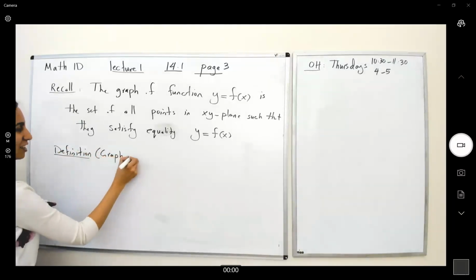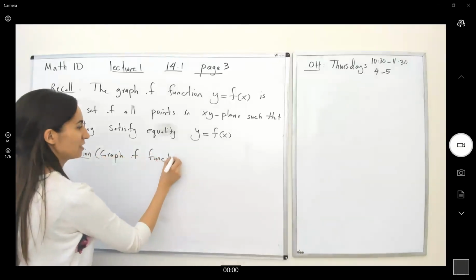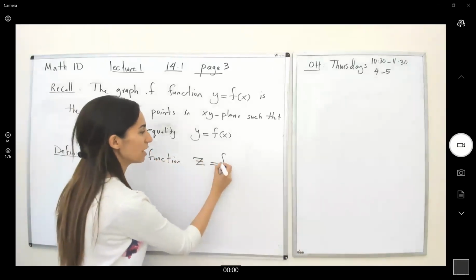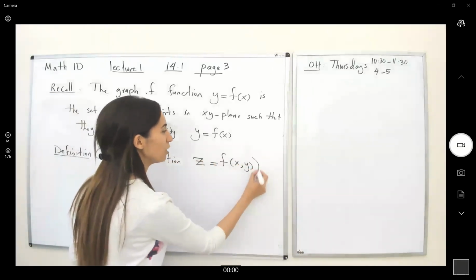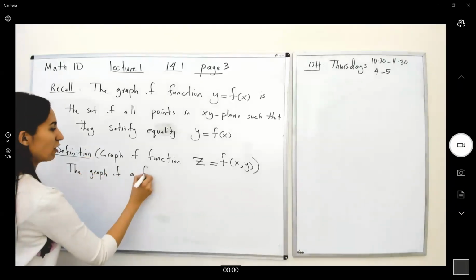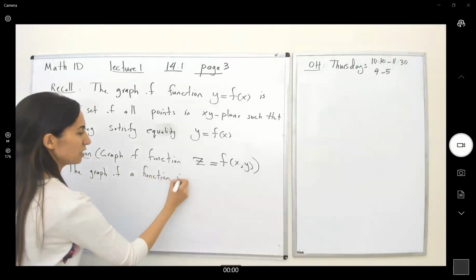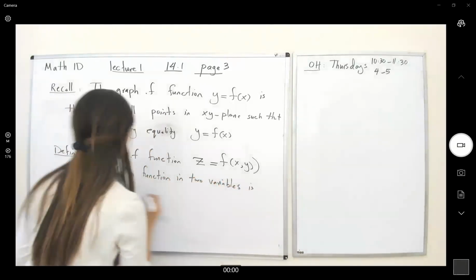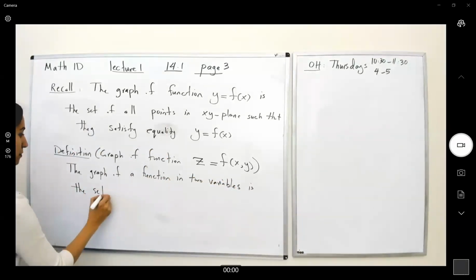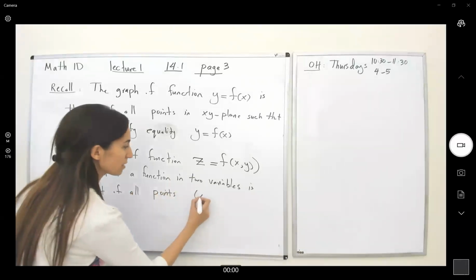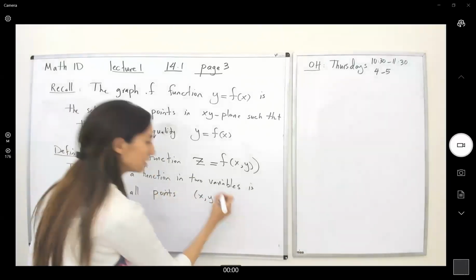Graph of a function z equals f of x comma y. The graph of a function in two variables is the set of all points x, y, z.